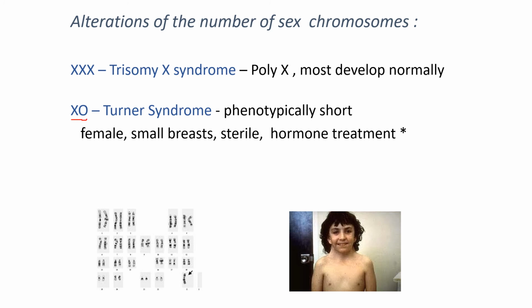They are X0, and they are phenotypically a shorter individual. They're generally infertile, have smaller breasts, and are considered female. They are usually given hormone treatment because many of them would not undergo puberty without it. Again, this would be one of those individuals that would look female, but because they only have one X chromosome, they wouldn't have the Barr body.